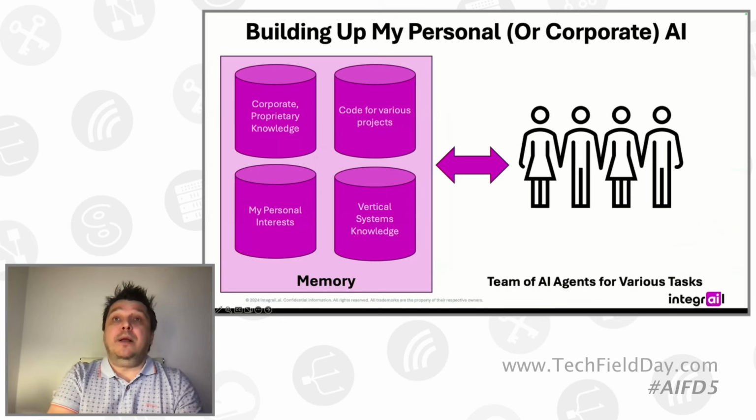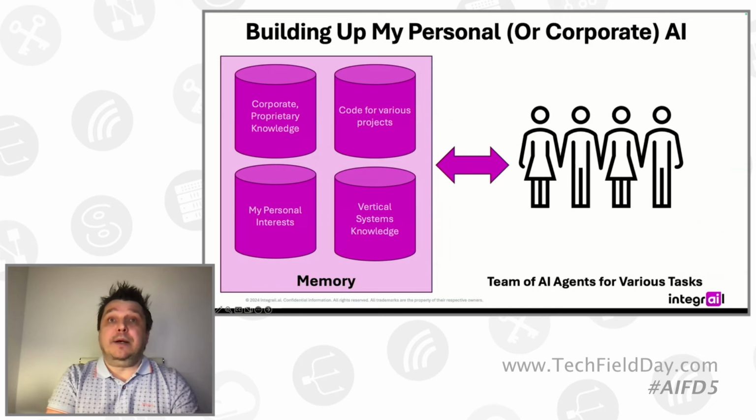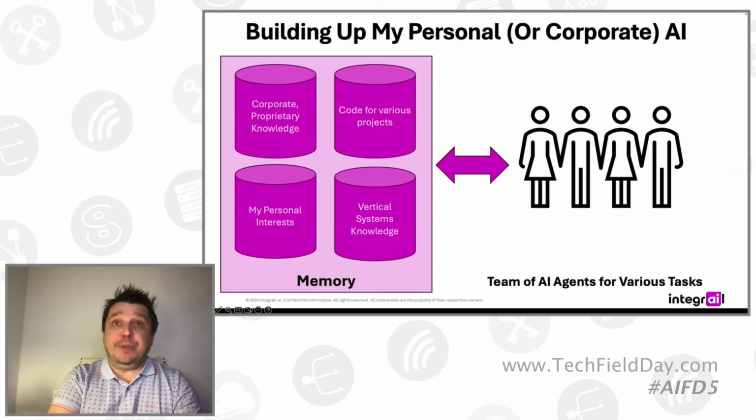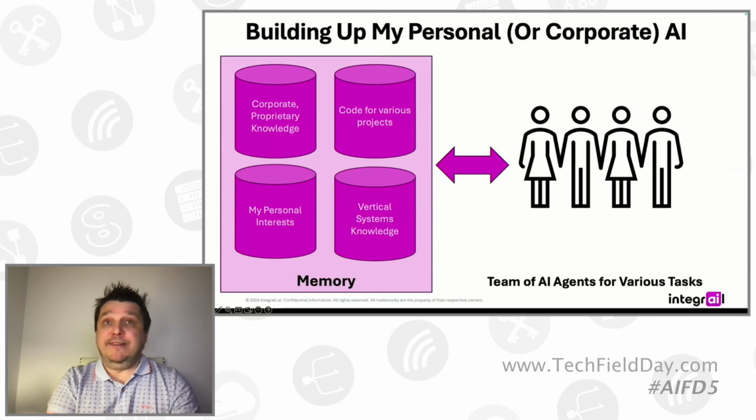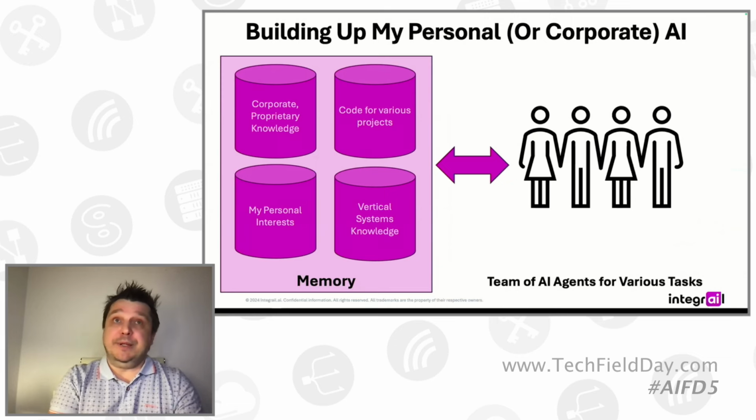This is where it will be a crowd effort, because we will be building lots of basic skill-based agents for people to use. As people use Integrail and build their own agents, if they want to make them available for others, we welcome them to do so. This way, there will be a huge library of skill-based agents that are able to interact with your knowledge, which nobody else has, and be useful for you.